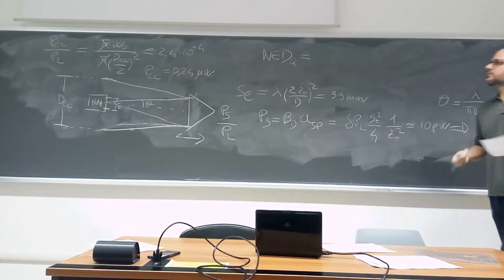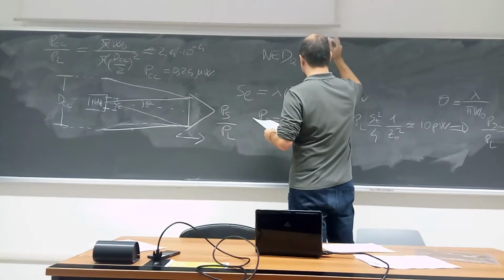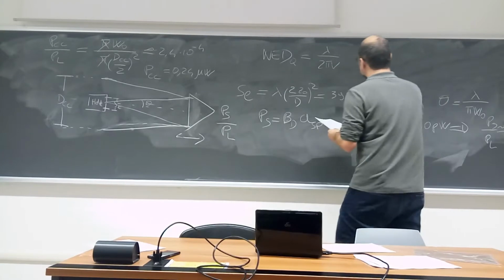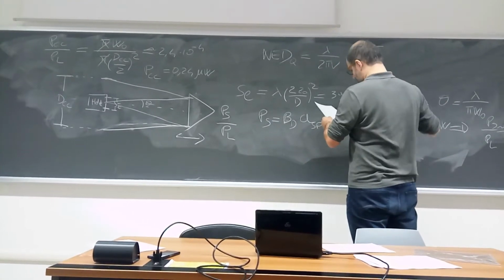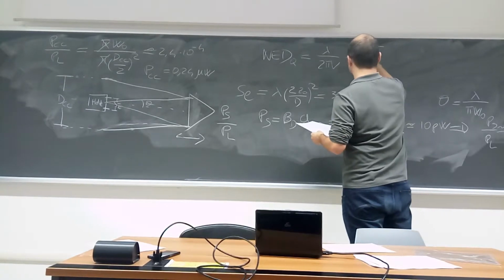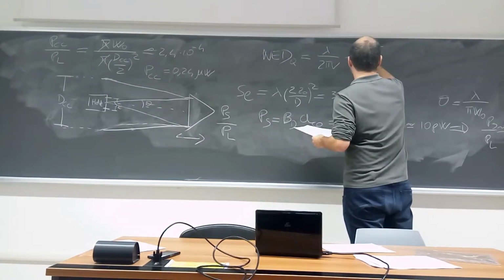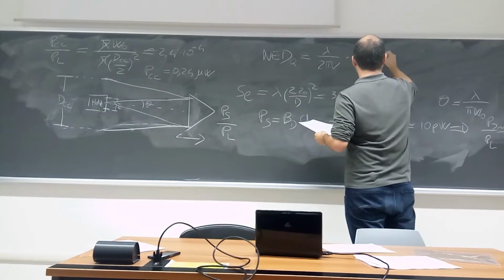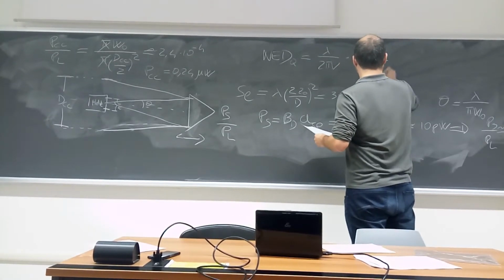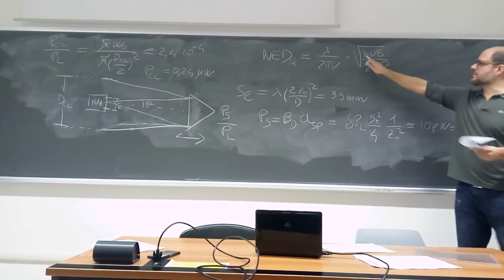But we can of course use the one that says lambda over 2 pi d multiplied by the square root of h nu B divided by 2 eta P. This is the Planck constant.